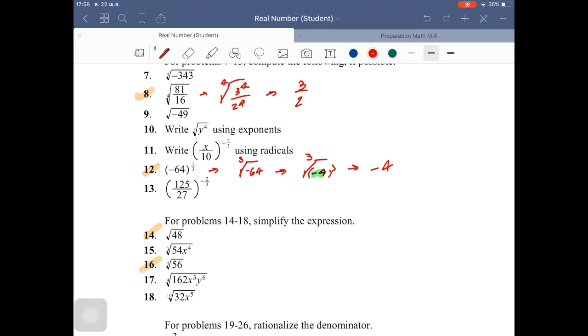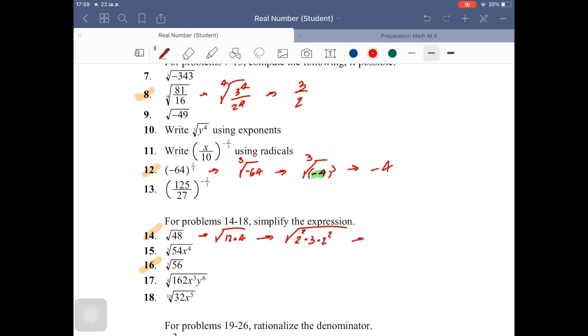Question 14. Simplify the expression square root 48. Square root 48. How can we simplify? 48 is 12 times 4. 12 is 2 to the power of 2 times 3 and 2 to the power of 2, which is 4.